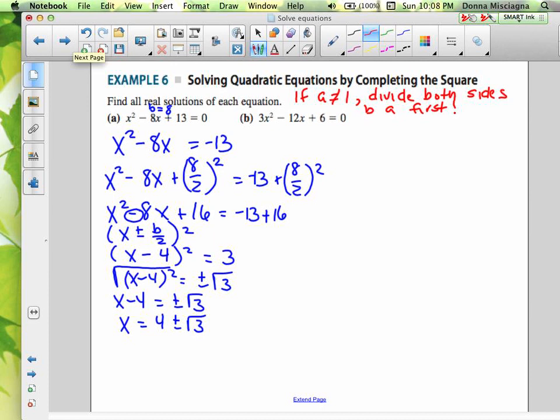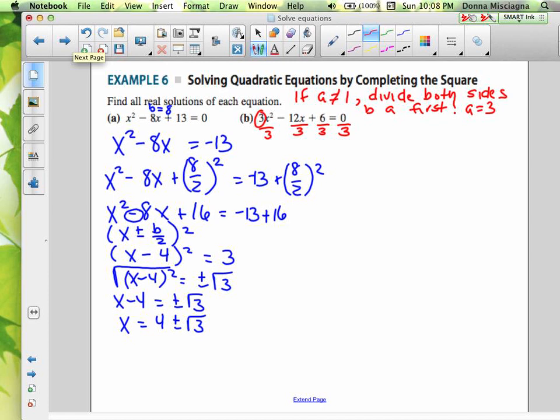All right, so I'm going to have to divide everything by 3. Of course, a is that coefficient in front of x squared. So a here is 3, and 3 is not 1. So we have to divide by 3 first. Otherwise, this won't be a perfect square. If there's any coefficient on x squared, it's not a perfect square. So we have to divide.